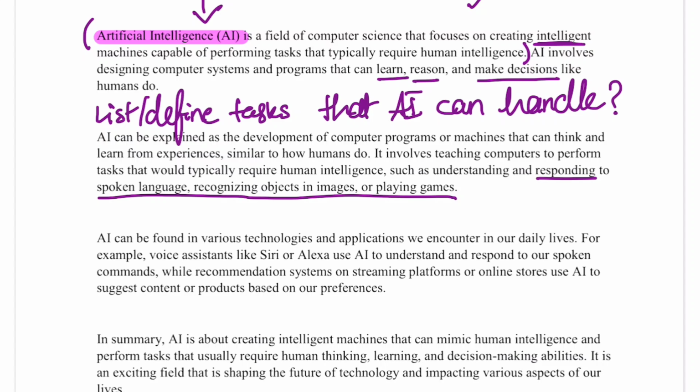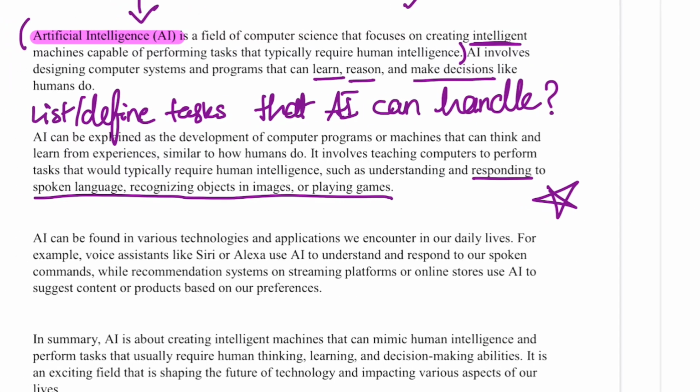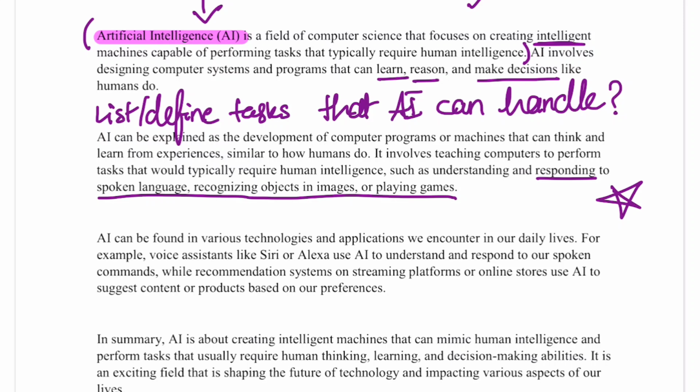Similarly, recognizing objects, for example, I give this picture to an AI application, and I ask, hey AI, please tell me what image this is. Now it is capable of recognizing that this is an image of a star. And playing games. You all might be familiar that there are some bots playing in PUBG or fighting games or car games. What is happening there?